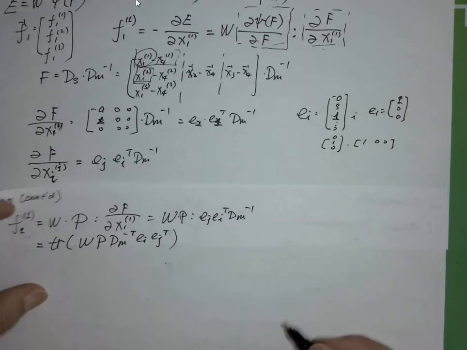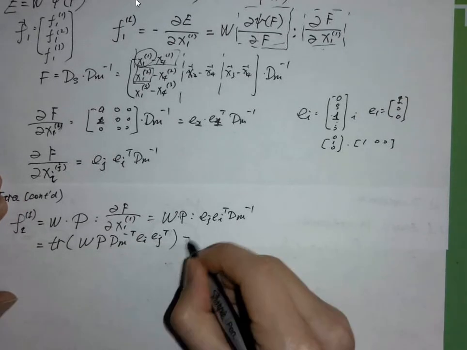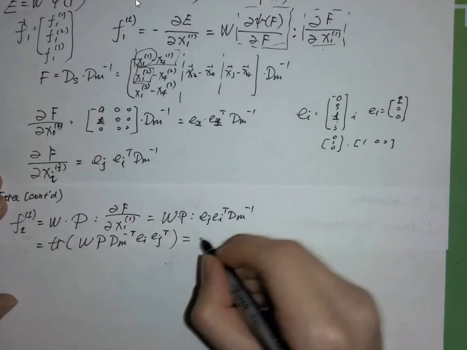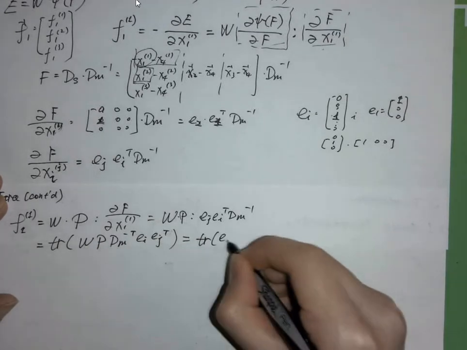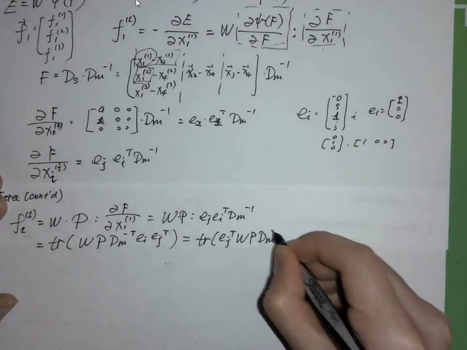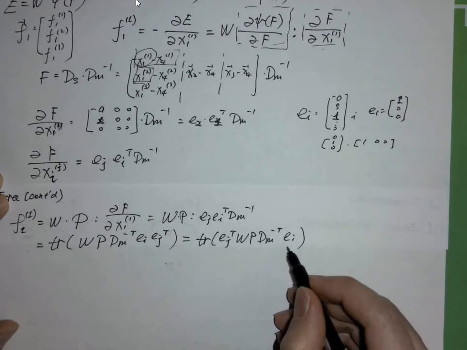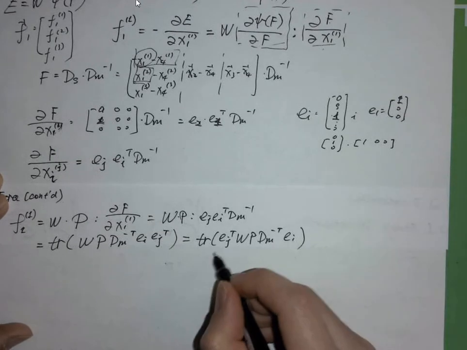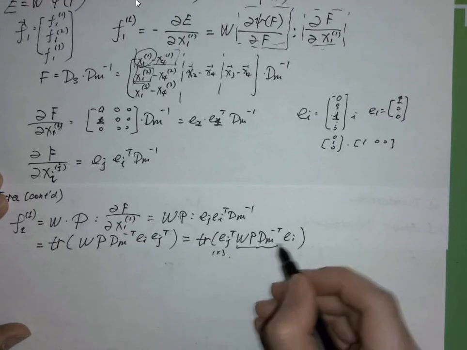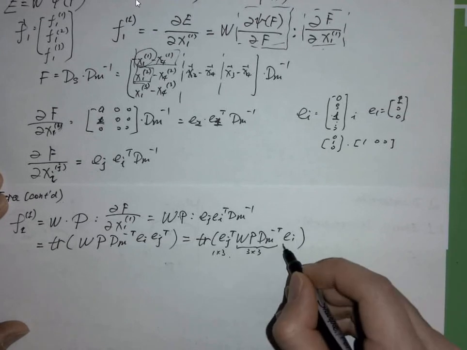And then we can apply the cyclic permutation invariance law of the trace, and move Ej transpose to the beginning. So it becomes trace of Ej transpose WP Dm inverse transpose Ei. We know that Ej transpose is a 1x3 vector. And here there are 3x3 matrices sandwiched in the middle. And here Ei is a 3x1 matrix.